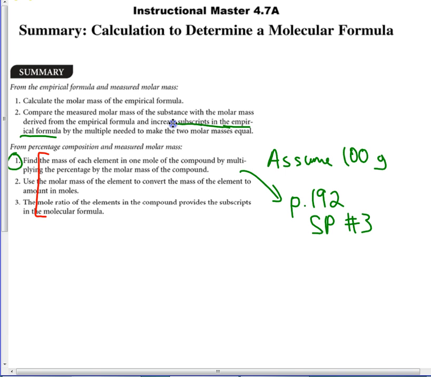So the ratios that you get will be very, very close to the whole number values of the molecular formula, not the empirical formula. So it bypasses one step. I prefer assuming 100 grams, a little bit more methodical. The math ends up being a little shorter with the other method. You look at both. If you're looking for a shorter strategy, then you can apply that one. Otherwise, you can just follow the ones that have been modeled for you.